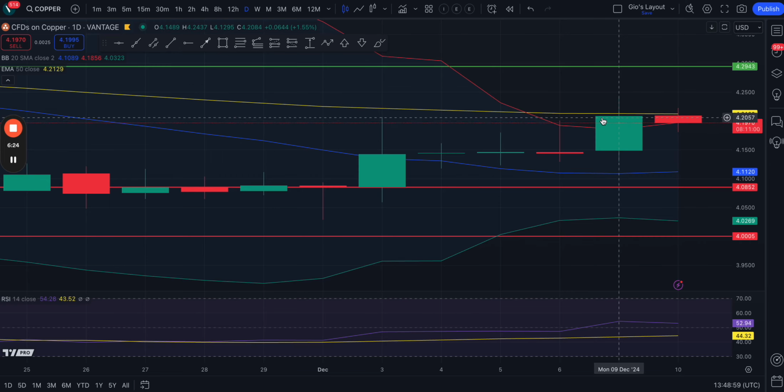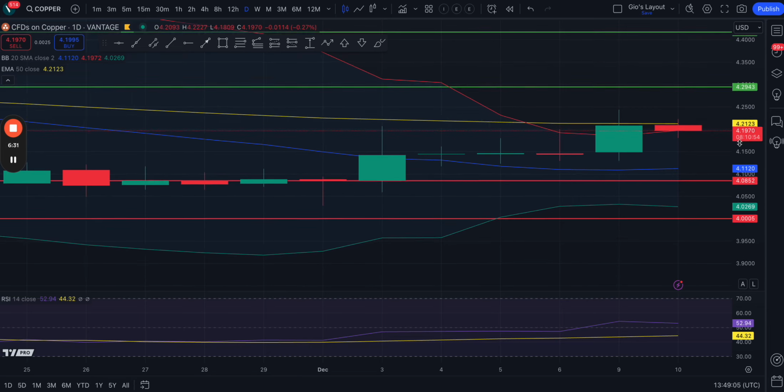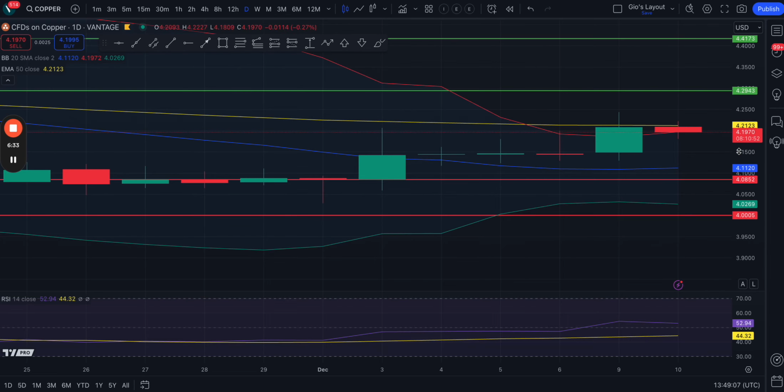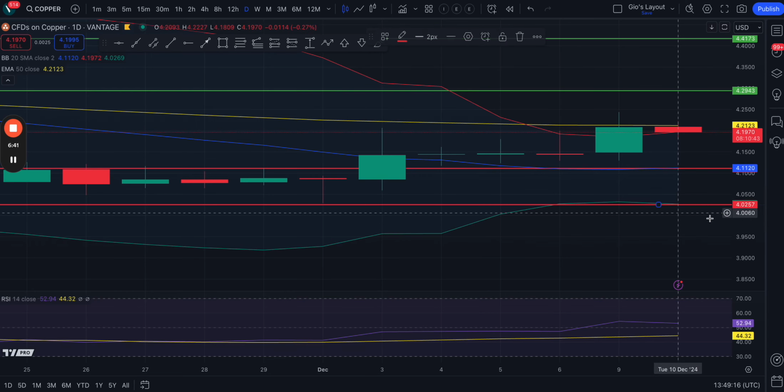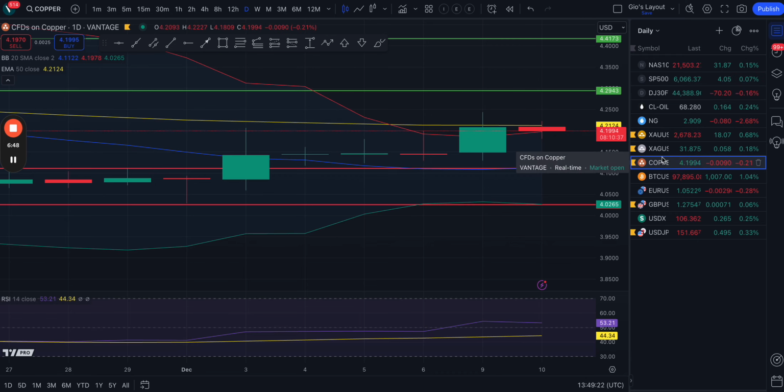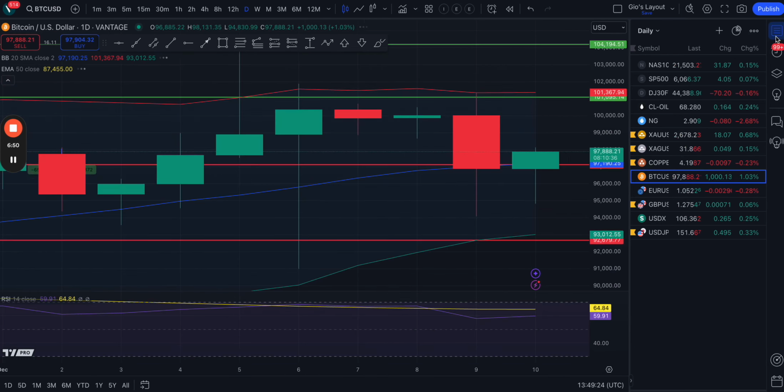Copper seems to be finding some resistance with the 50-day moving average going right across it. So let's see if today we'll be able to close above it. Let's just update our support for the 20 and the lower Bollinger Band. As far as resistance goes, I'm just going to leave the same ones and see if we're able to meet them today. So cautiously buying copper.